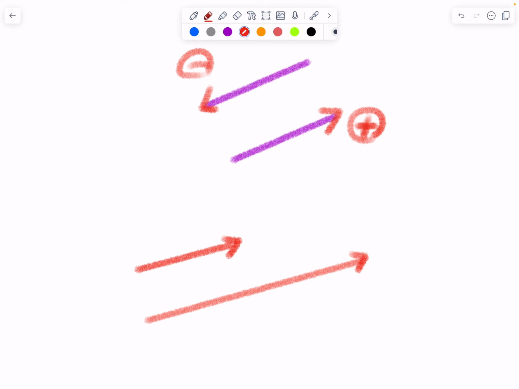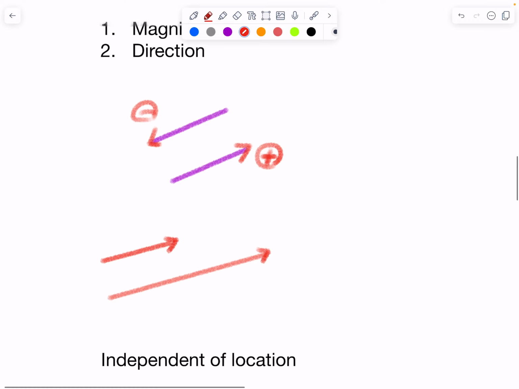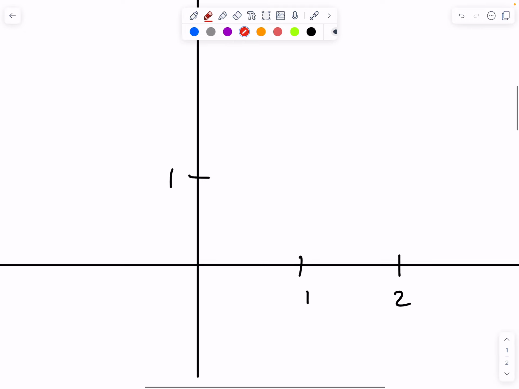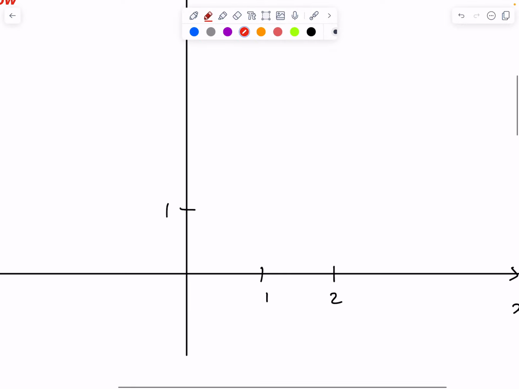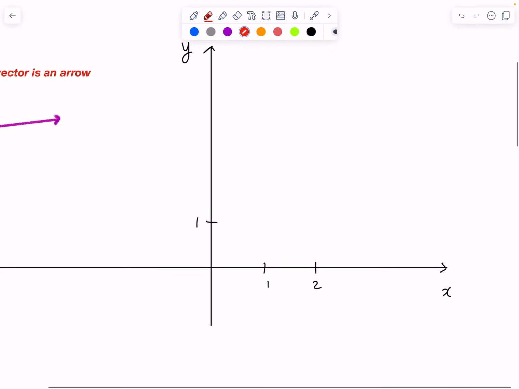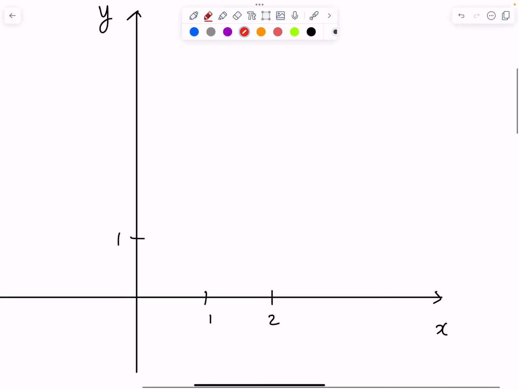Now, how do we algebraically represent a vector? Consider a vector that extends along the x-axis by 2. So if we have this xy coordinate, then 1, 2. So 2 steps in the positive x direction and 1 step in the positive y direction.